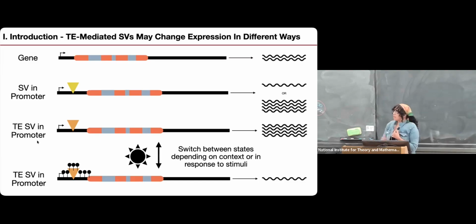And furthermore, because epigenetic modifications are dynamic, we might actually observe both of these states across different contexts, or potentially even transition between them in response to environmental stimuli. So there's a variety of ways with which an SV within the promoter region of a gene could influence expression patterns. And in fact, an increasing number of studies are finding that SVs associated with phenotypic differences are often found in non-coding regulatory regions like the promoter.